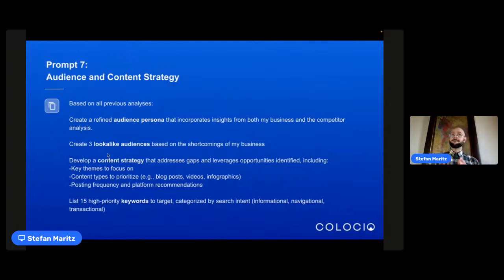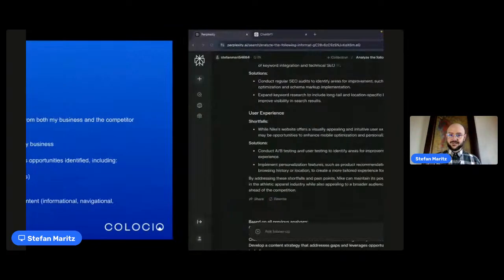So perhaps broaden your targeting to allow for different kinds of audiences to look and interact and engage with your brand. So your 3 lookalike audiences, develop a content strategy based on key themes, content types, as well as positioning, and then of course, list of high priority keywords. Now, this is specifically keywords that would be over and above, if not new keywords that would allow you to more effectively target this new audience of yours.